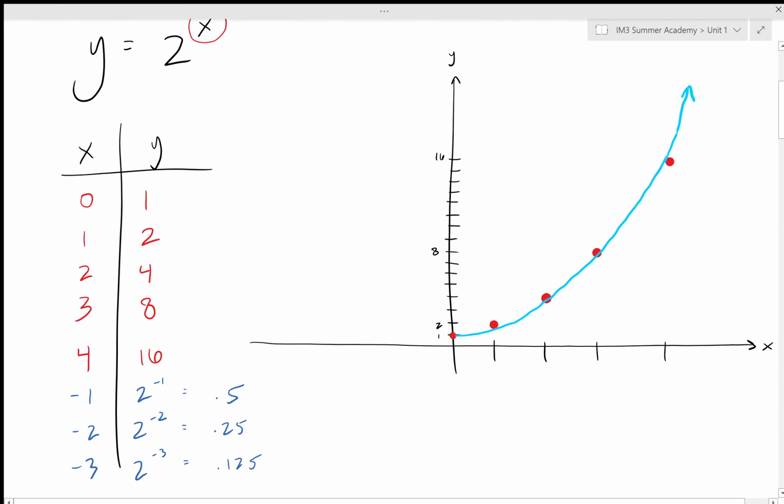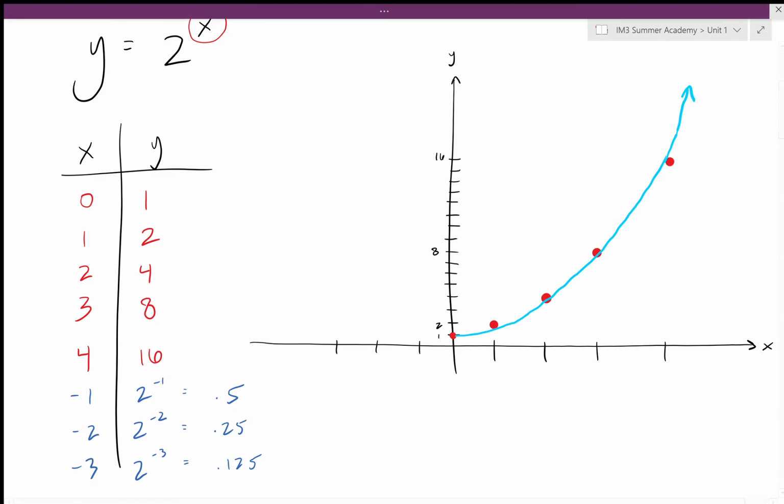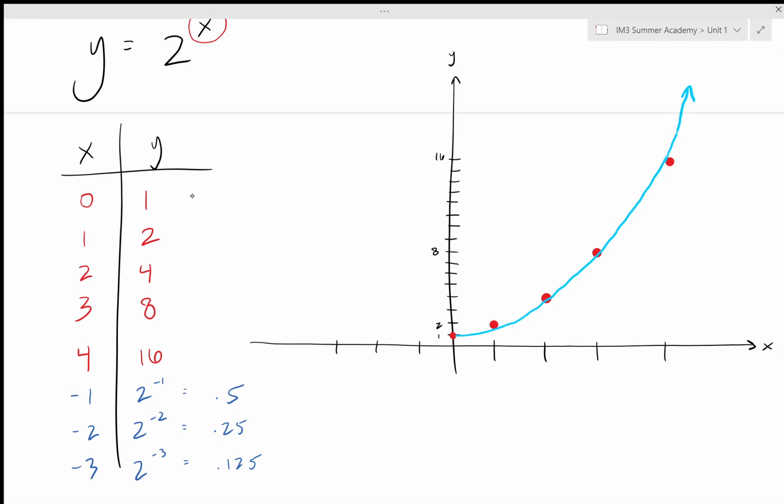So my numbers are getting smaller and smaller, getting closer and closer to 0, it looks like, as we plug these in. So you put some lines over here. So negative 1, negative 2, negative 3. These numbers are getting closer and closer to 0. So 0.5, 0.25, 0.125. But it's actually never going to get to 0.